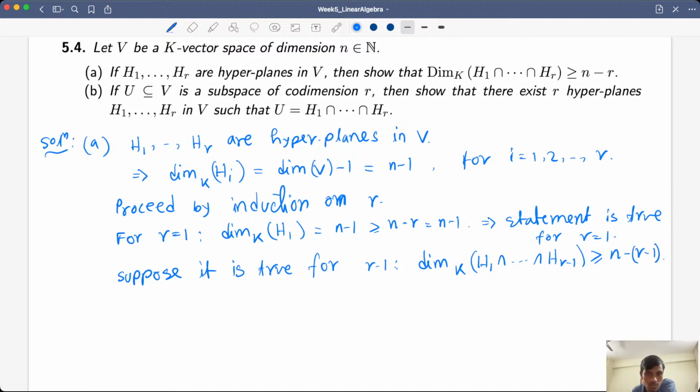Okay, so I need to show the dimension of H1 intersection up to Hr is greater than or equal to n minus r.